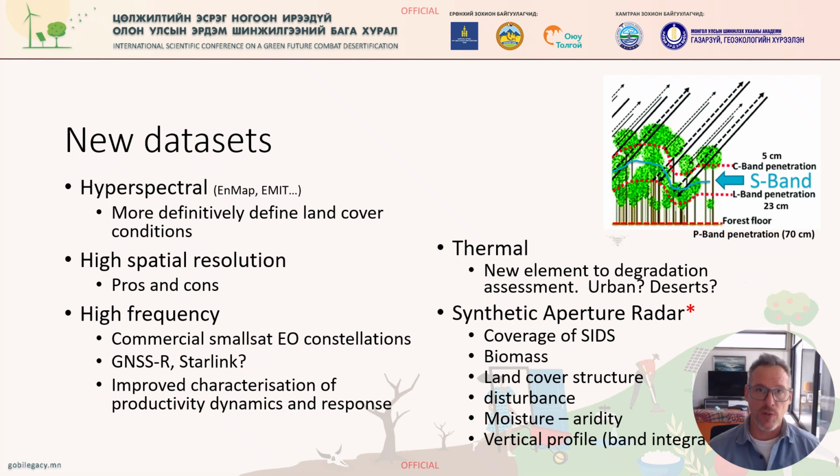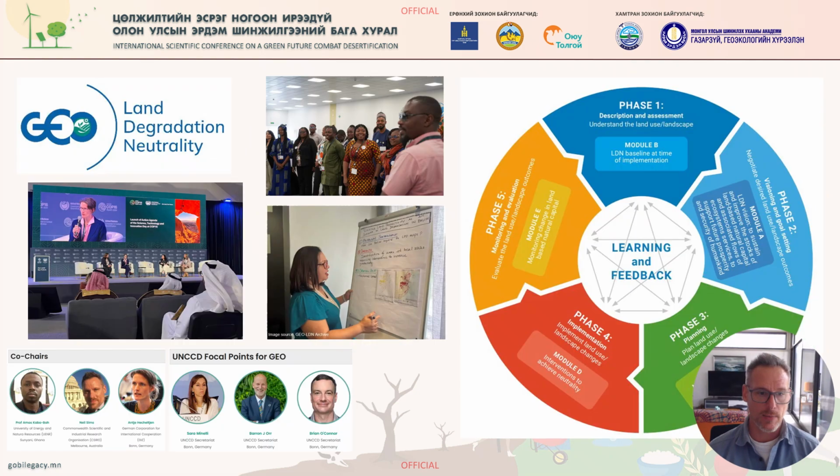That can be very difficult to map using optical data, and maybe by combining wavelengths of SAR we can get some more information about that. Also, again, some moisture availability sensitivity, which could be good for the desert areas, very dry areas. So lots to do there, a very exciting time for the synthetic aperture radar data.